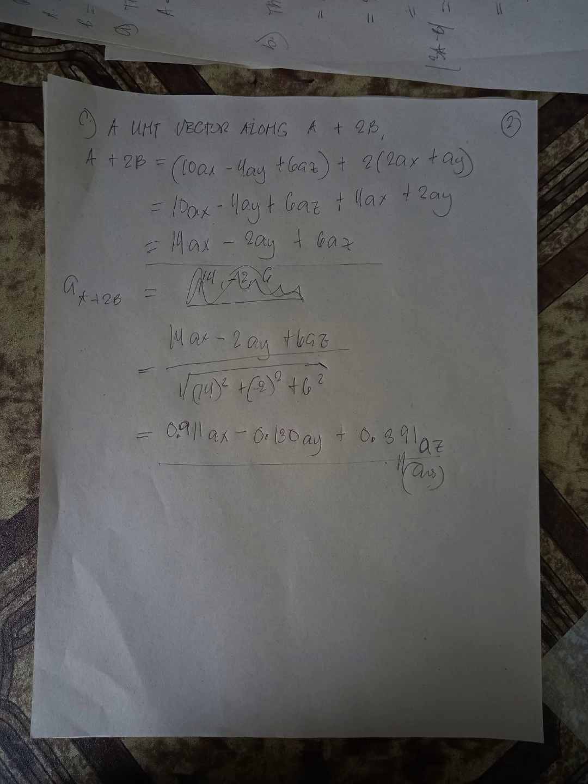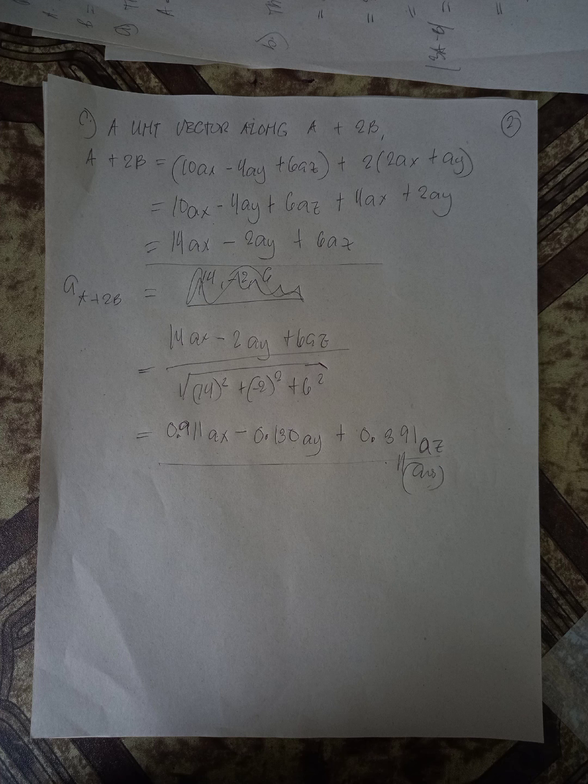Letter C, a unit vector along A plus 2B. We have the value of A plus 2 times the value of B, and then we simplify it. We have the total value of 14AX minus 2AY plus 6AZ.